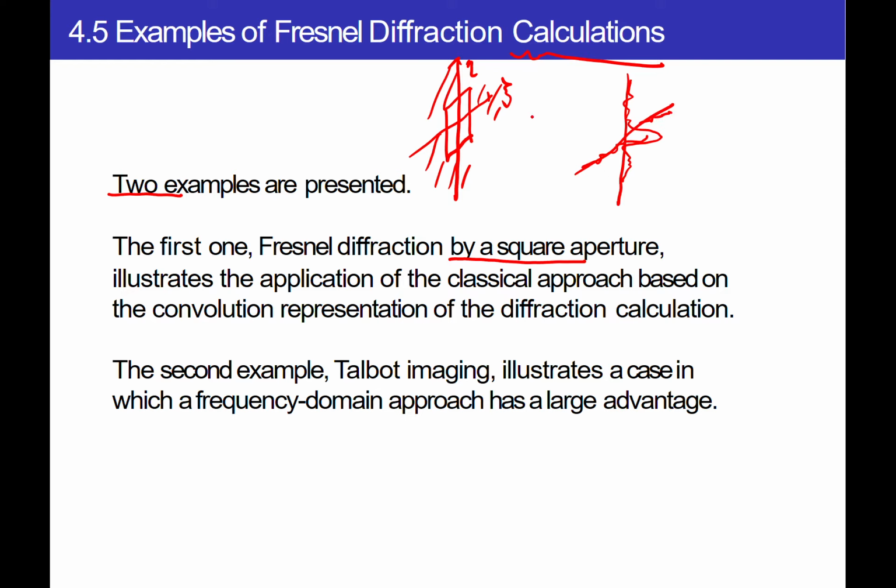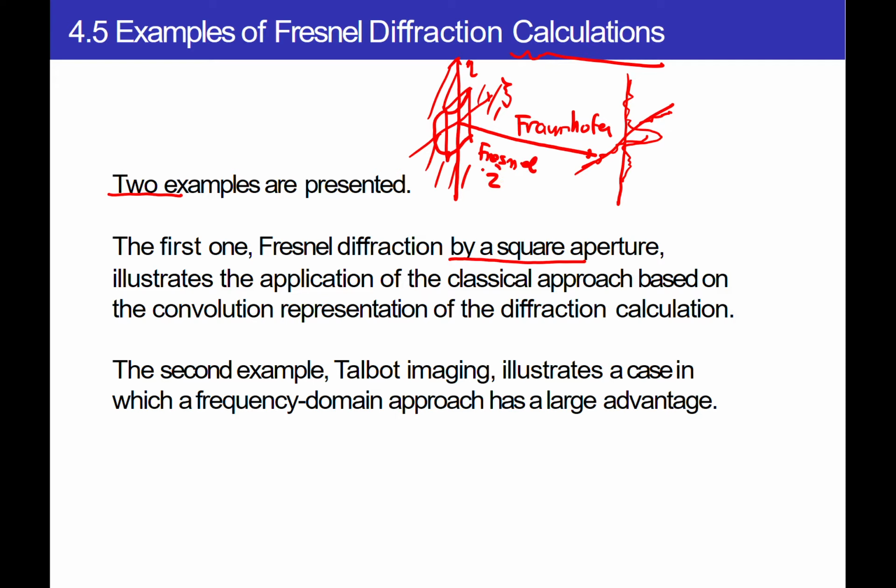Okay, so that was the Fraunhofer. In this case we have a square, that means that this side along the horizontal axis and this side on the vertical axis are the same. And then we are going to look at how Fresnel diffraction is going to change as a function of z.